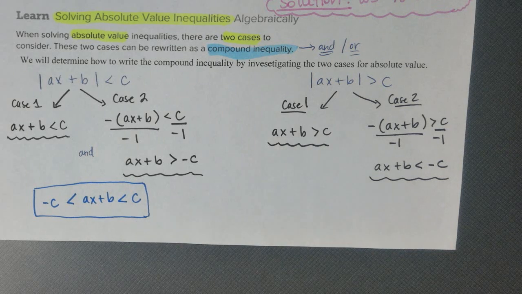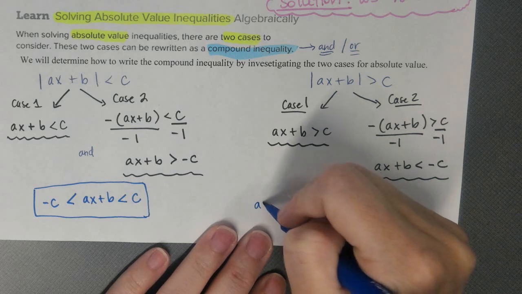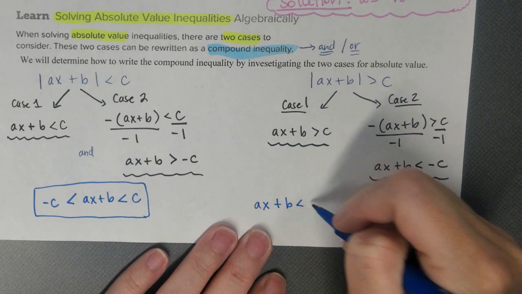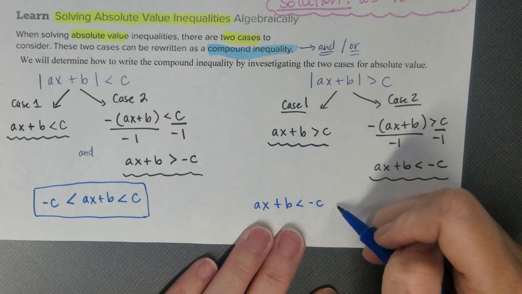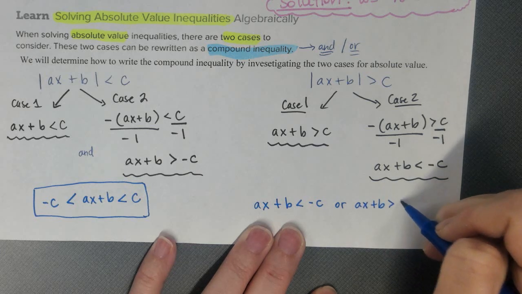So this is going to be connected with an OR. There's no numbers that are less than negative 5 and at the same time are greater than 5. So we connect this with an OR, and usually we'll write the less than first: ax plus b is less than negative c, or ax plus b is greater than c.